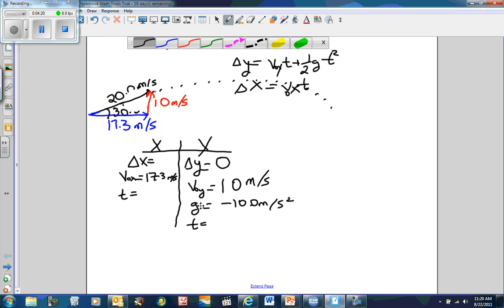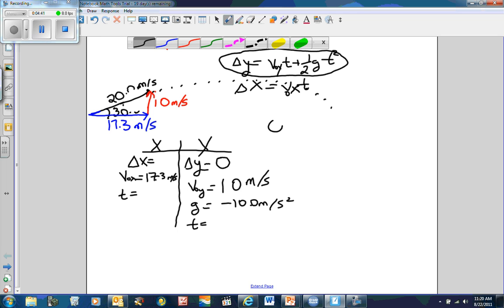All right? So we don't know our time, and we don't know our delta x. So we're going to find time first. We're going to use this top equation right here to find our time. So we're going to substitute our numbers in.